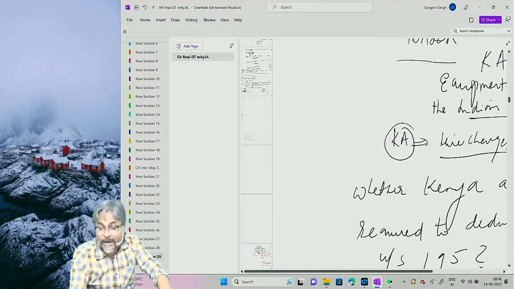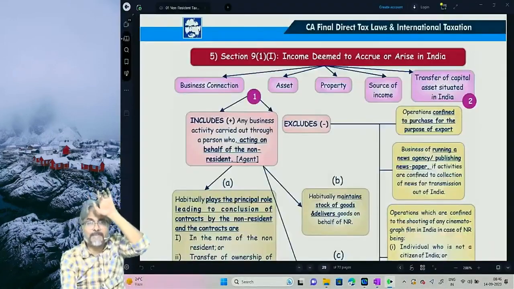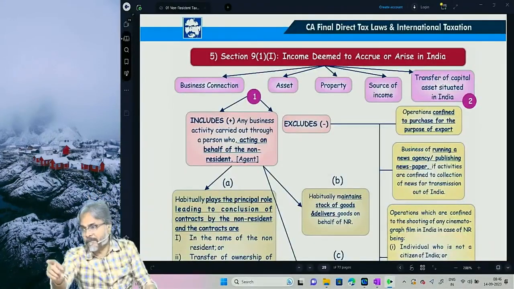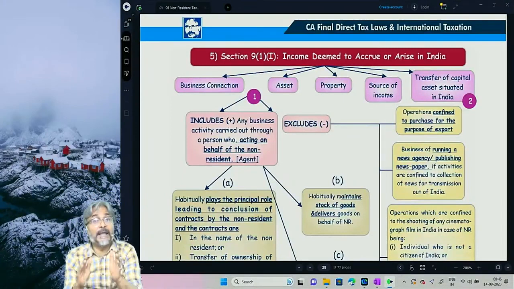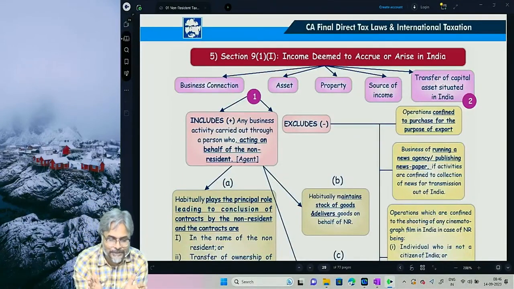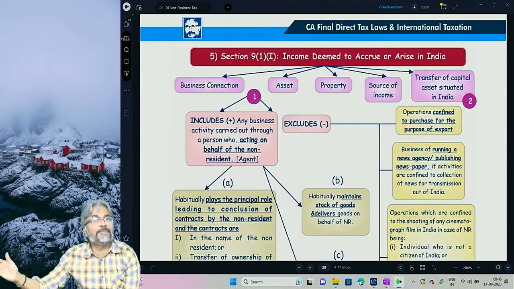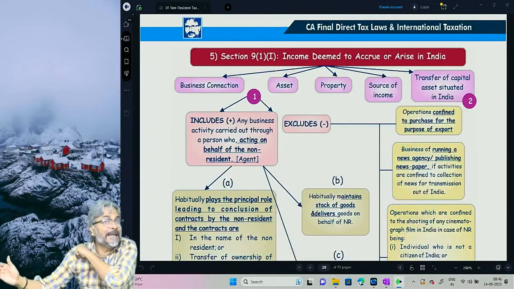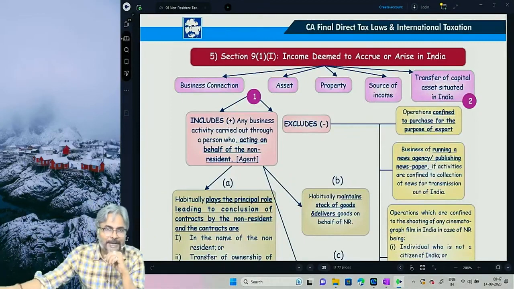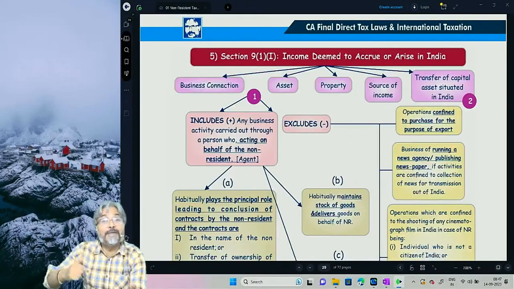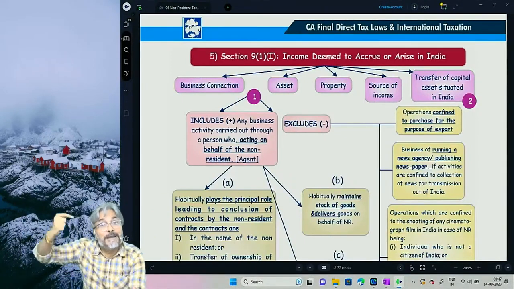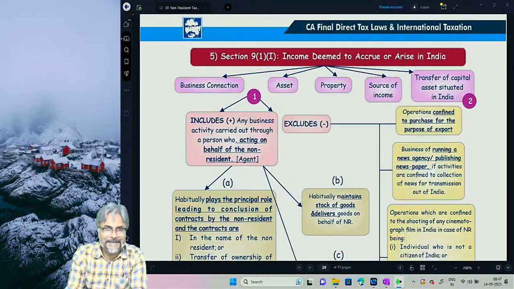This is the game. Now I want to introduce 195 at the very outset, before we hit section 9. Why? In non-resident taxation, you cannot divorce 195 from any section relating to a non-resident. 195 in all your discussion will have to coexist.